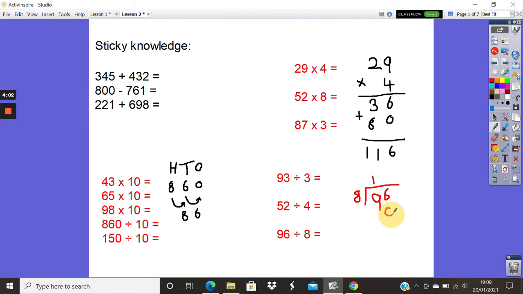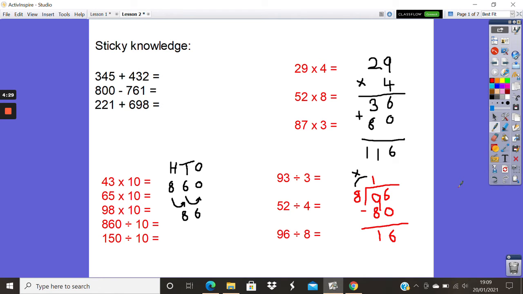0 in my ones column. Multiply these two numbers. So times those two numbers. 8 times 1 is 8. So I'm going to put 8 in my tens column underneath 96. And then I'm going to subtract those two numbers. So we've got 6 take away 0 is 6. 9 take away 8 is 1, which leaves me with 16.